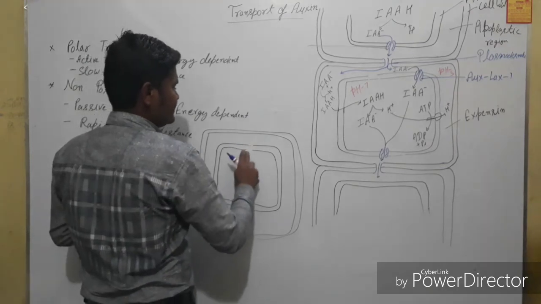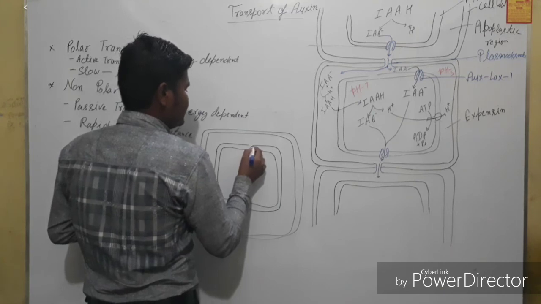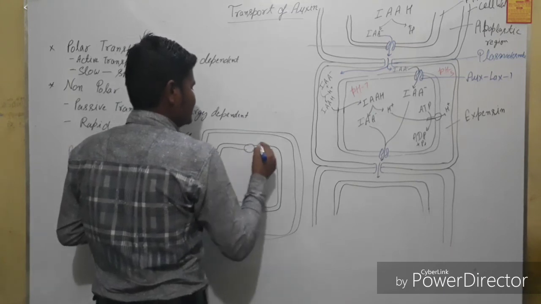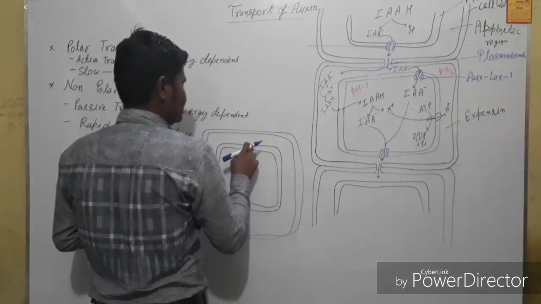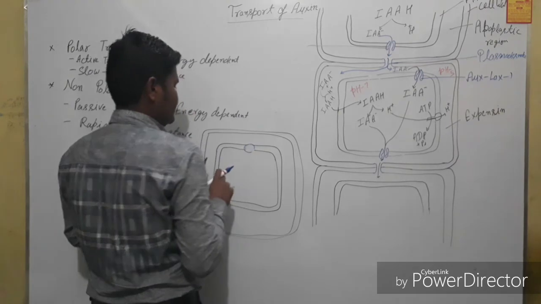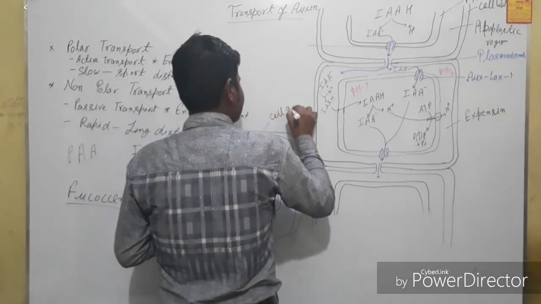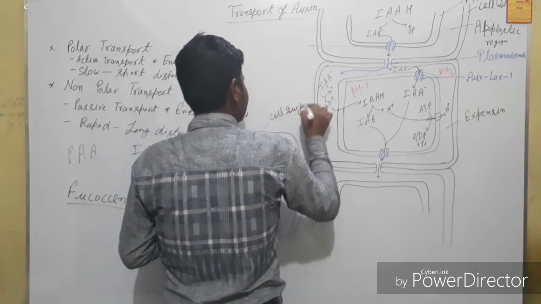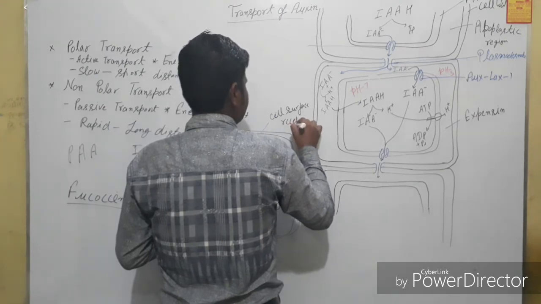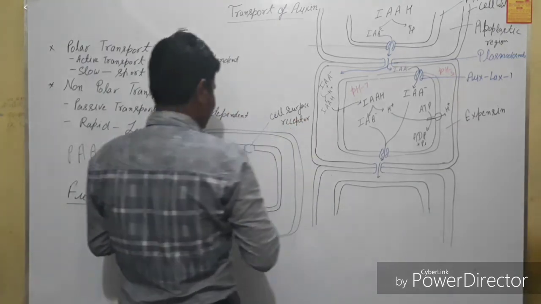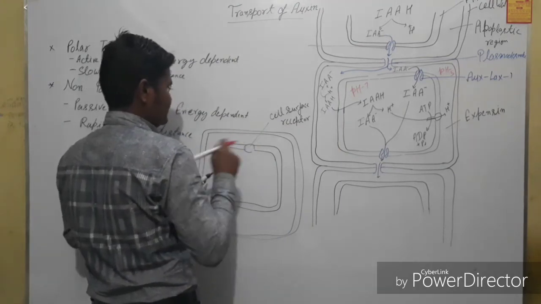Now let us consider this one is the cell surface receptor, where auxin is attached.